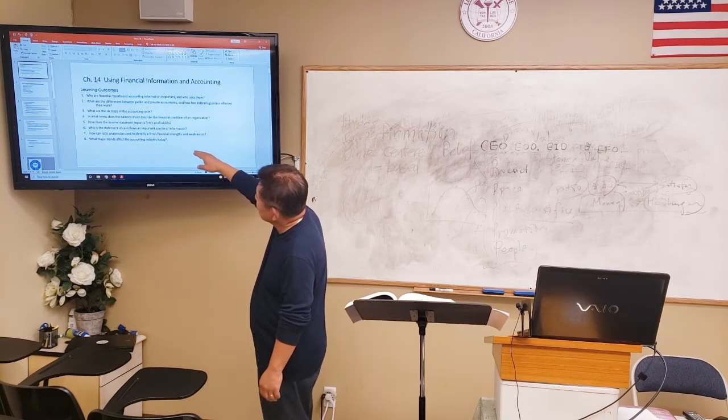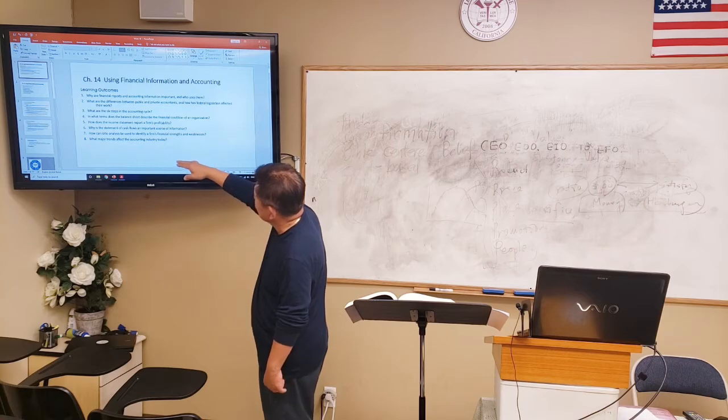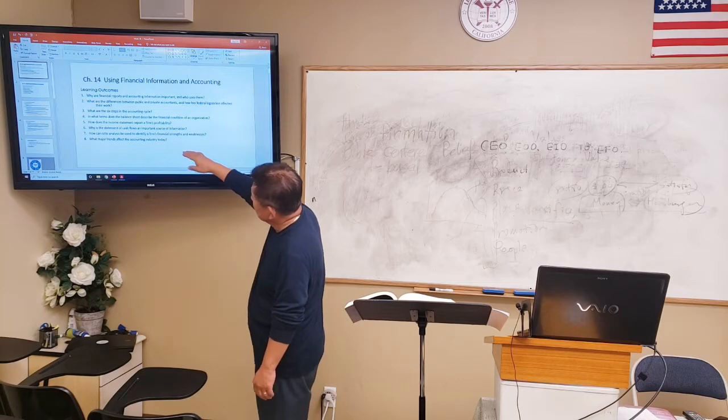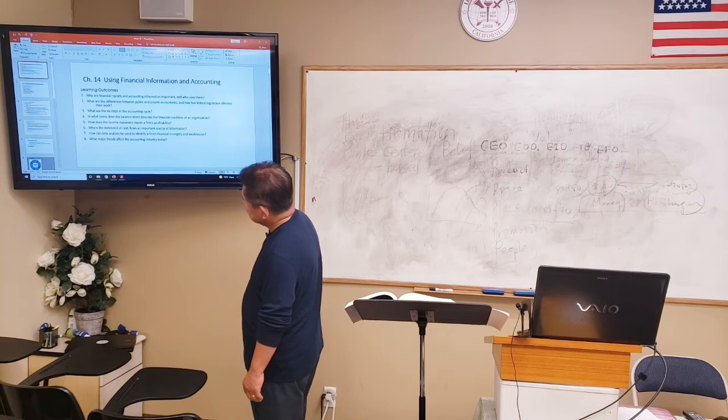Number 5: how does the income statement report the firm's profitability? The financial statements consist of the balance sheet, income statement, and statement of cash flow. So these 3 things are the financial statements. Items 4, 5, 6 are the income statement and statement of cash flow, important sources of information. Number 7: how can ratio analysis be used to identify a firm's financial strengths and weaknesses?